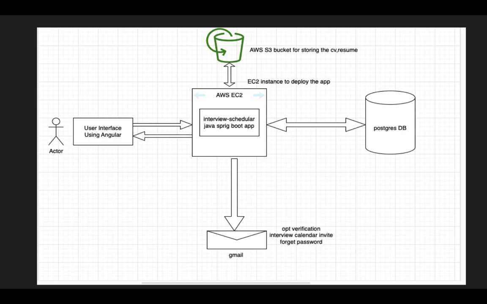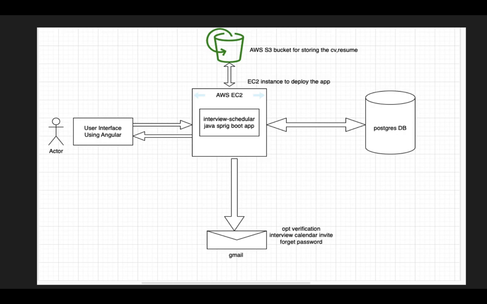Along with that, to store the resume, we have used AWS S3, which stores the document, and you can even get the document from the S3 bucket. Then we have deployed our application into AWS EC2 instances. So this is the brief about this interview scheduler app.